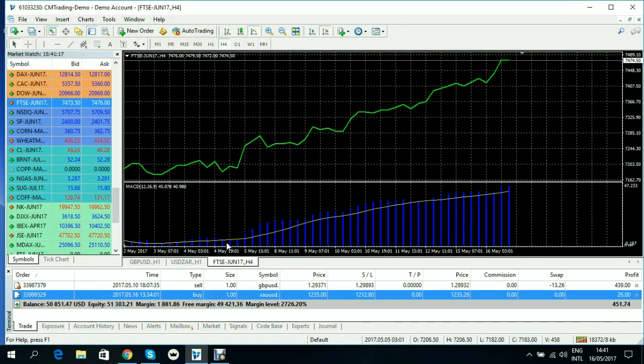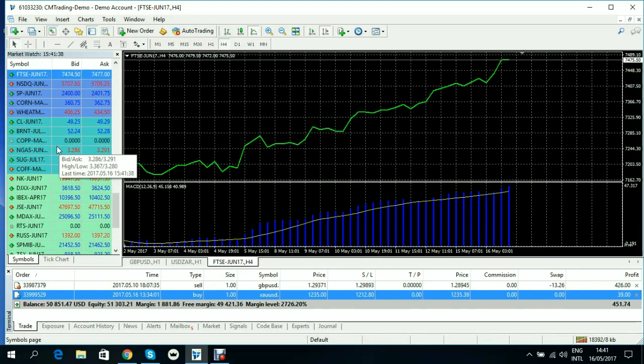So you can see this is the fetch 100, and you can see that the trend is buying, and the MACD bars and the signal are also going up, and they are above the zero zone.